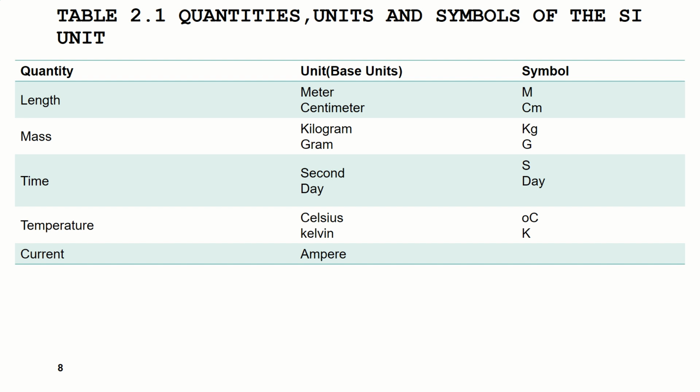We can have mass, kilogram, and the symbol is kg. We can have grams, the symbol is G. Time, second, the symbol is s. Day, the symbol is still day. Temperature, Celsius and Kelvin, they have their corresponding symbols. And then ampere, yes.